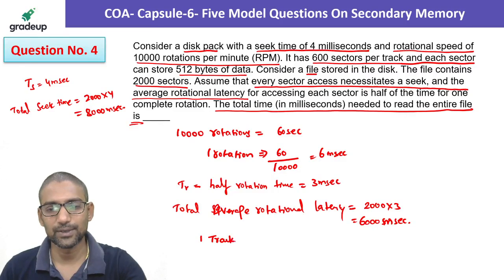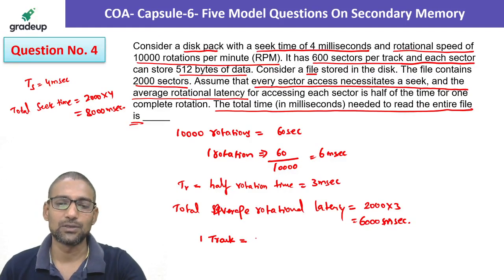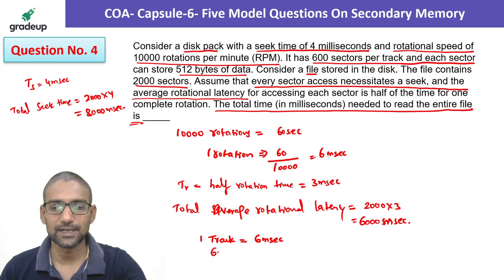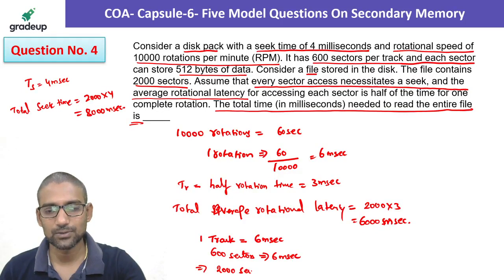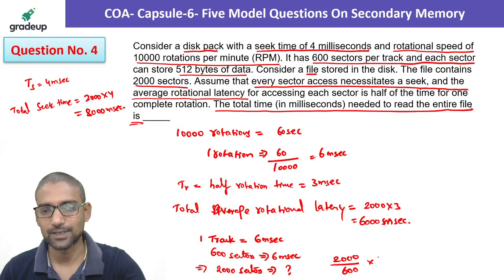One complete rotation indicates what? One track. So one track to access, 6 milliseconds time is needed. One track means 600 sectors. To access, 6 milliseconds time is needed. If so, our file 2000 sectors to access how much time is needed? That is 2000 divided by 600 into 6. This would be 20 milliseconds.